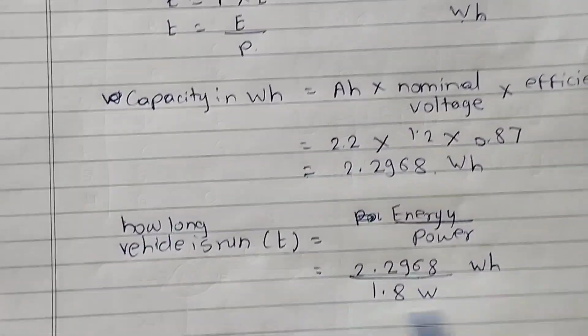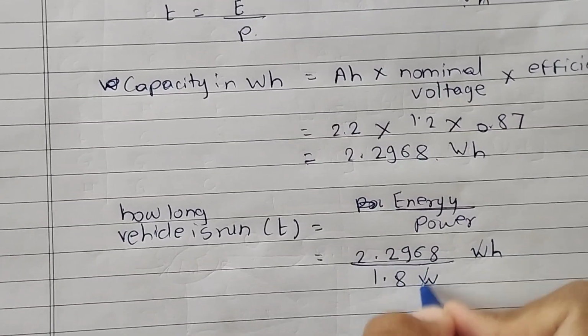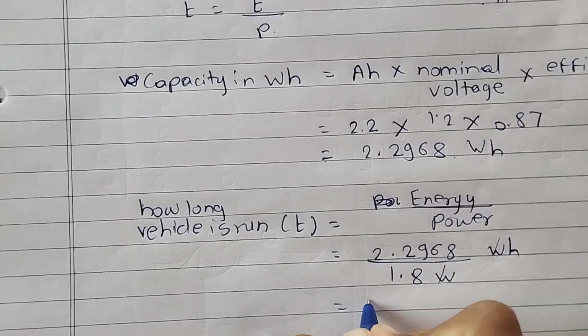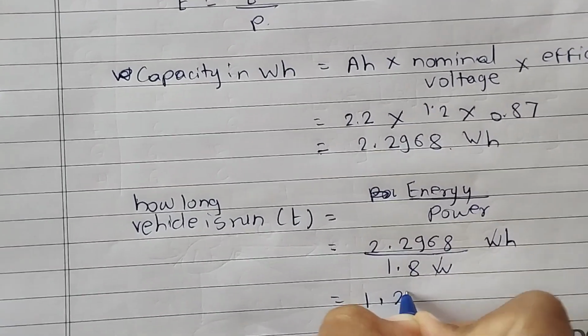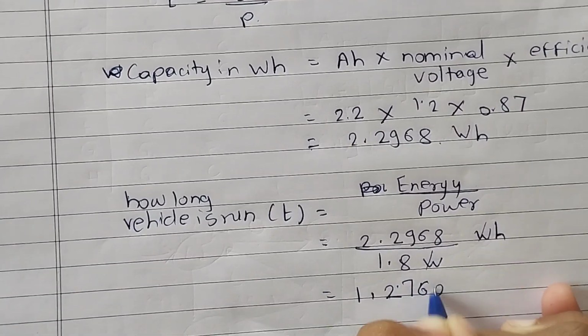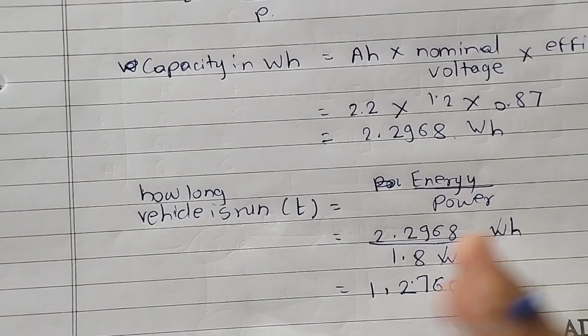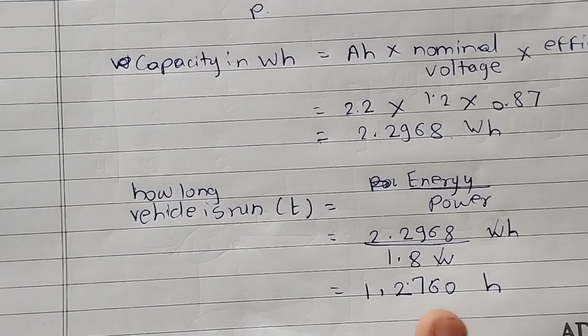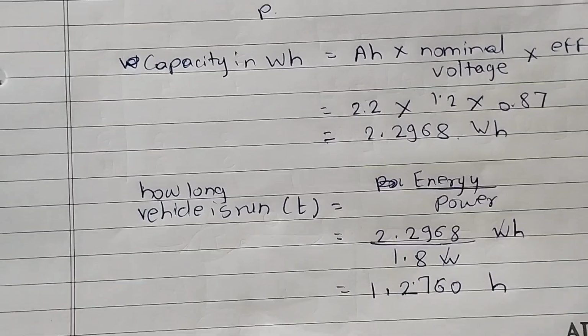This is watt hour, so the watt is cancelled, and the answer is 1.2760 hours. So the vehicle runs 1.276 hours.